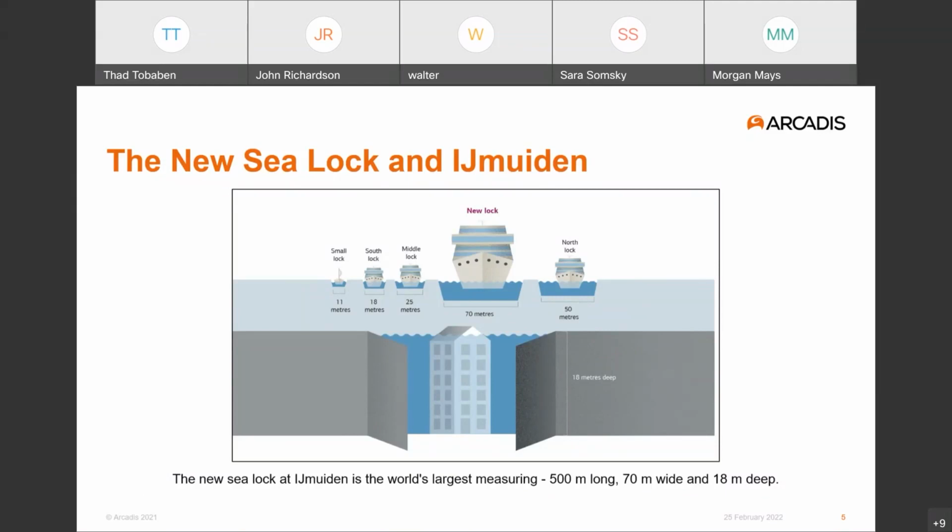As I mentioned before, my understanding is that currently all of the locks are in operation with the intention of closing the north lock down once, well, in a few months after some experience is gained working with the new lock, which is the largest one in the center of the figure.